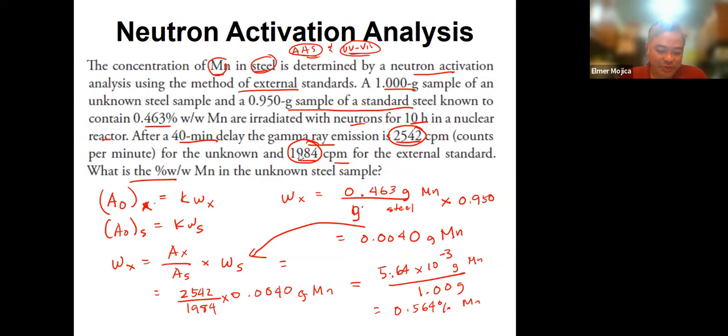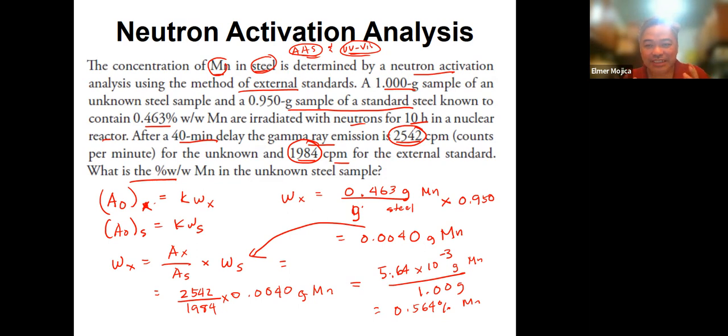And the good thing with this one, this is applicable to all elements in the periodic table. And usually, what field do you think uses this? In forensic science, in archaeology, and in art. Because those are artifacts that, as much as possible, cannot be damaged when you analyze them.